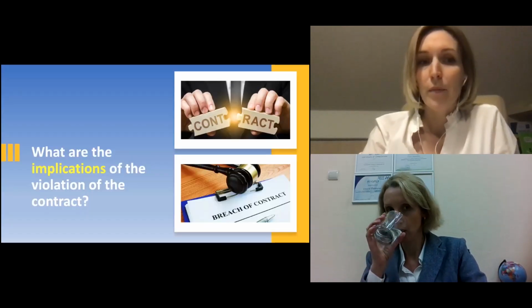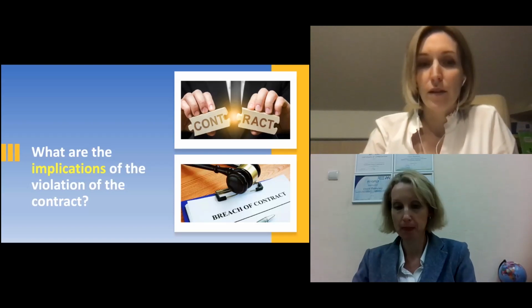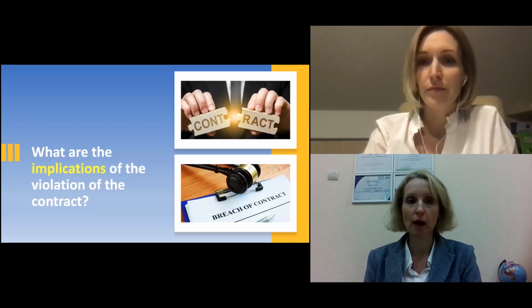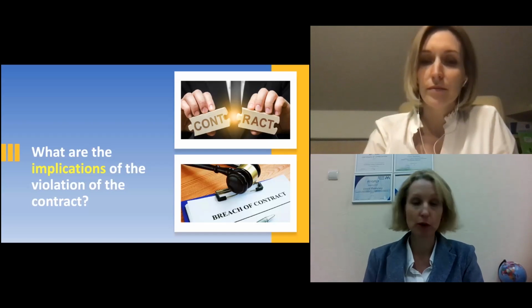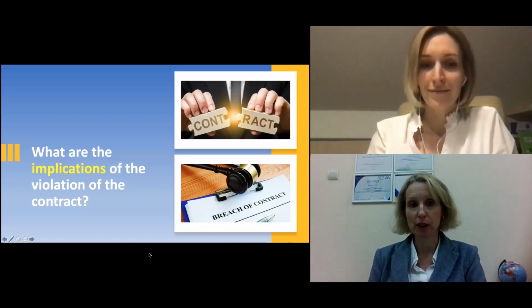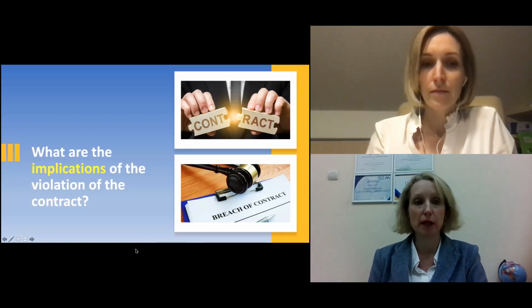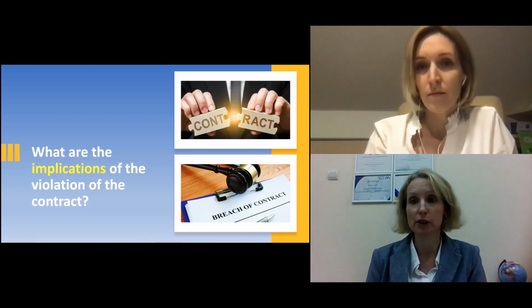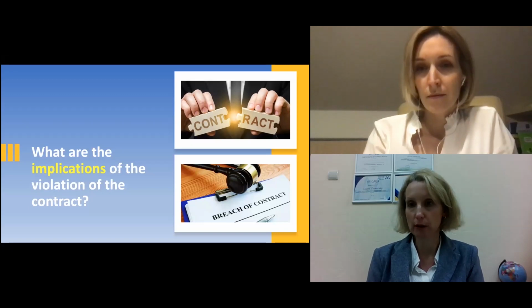Okay. What are the implications of the violation of the contract? Of course, it is better not to violate a surrogacy contract, because unfortunately it would affect the birth of the future baby. But these are ethical considerations. If we look legally at it, there should be responsibility. And this responsibility, of course, can also be financial.